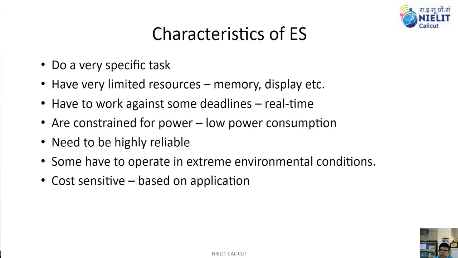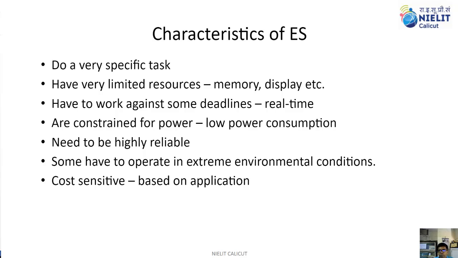And there are constraints, because some embedded devices are battery operated, so generally the power consumption is very low, and the reliability should be really high. Some have to operate in extreme environmental conditions.